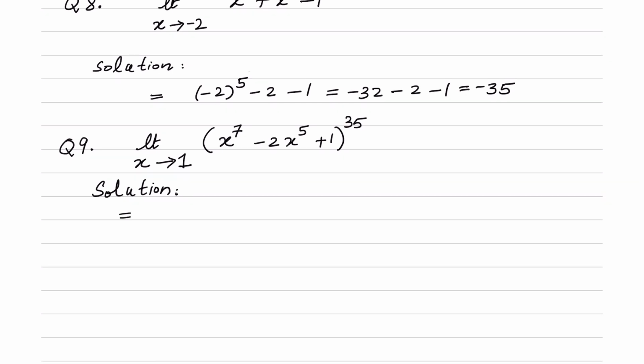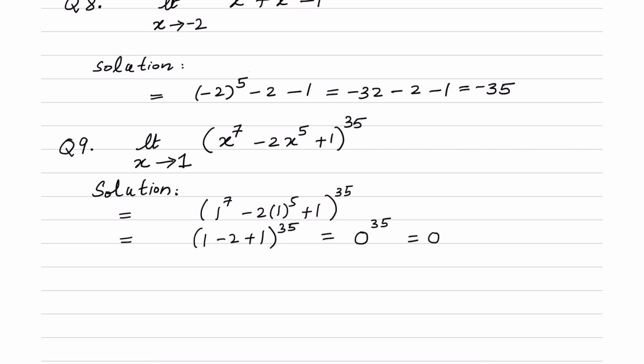In this case, the x value is 1, so we will put 1 in the places of x. 1 to the power 7 minus 2, 1 to the power 5 plus 1, whole to the power 35. So you have 1 minus 2 plus 1, which is 0, and 0 to the power 35 is 0.